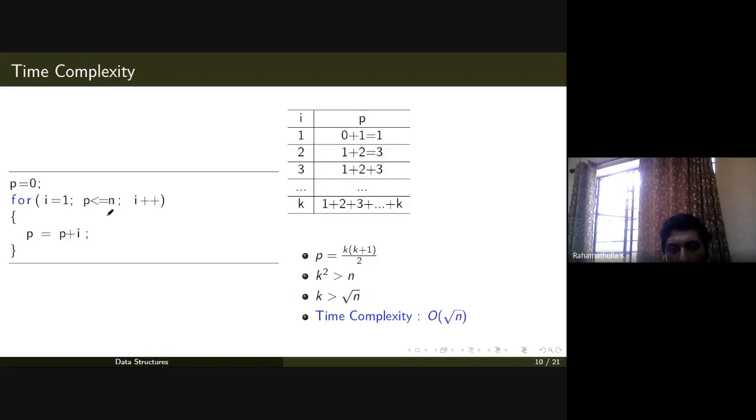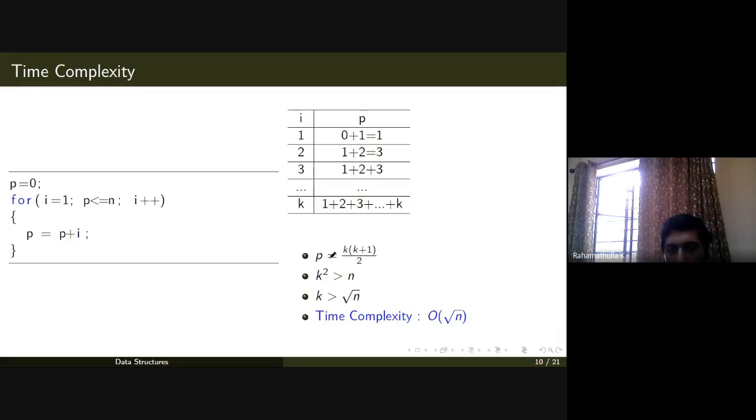Why? Because the condition is different, p less than or equal to n. So let's see the relationship between k and n. I'm saying that the i value will be iterated from 1 to k, or k number of times this particular loop will be executed. That's it, till this condition.